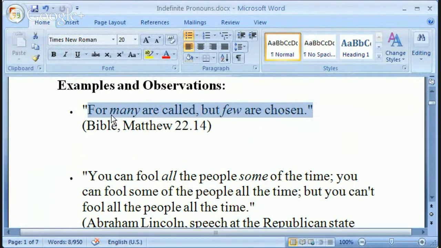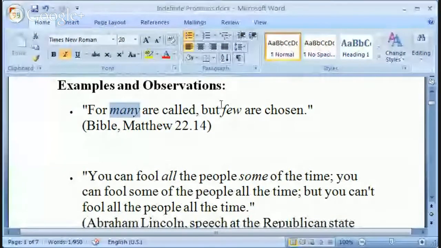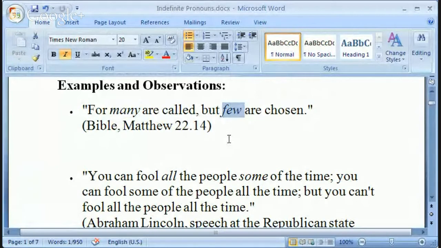In this case, we're not saying many people. That would be using many as a determiner. Many is actually functioning here in the place of the subject noun. Same thing with few. So this is the idea. These are indefinite pronouns. Pronouns are always taking the place of another noun.